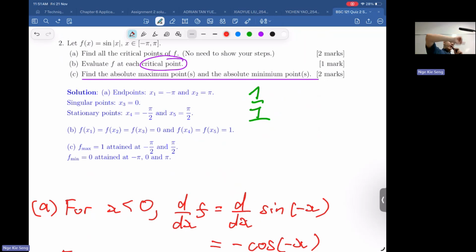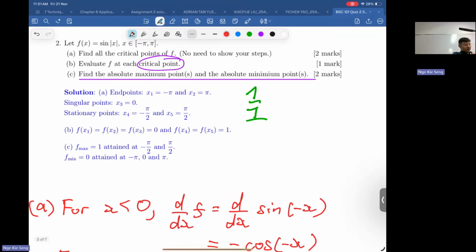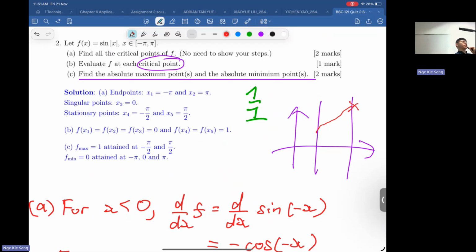Your graph might not have a local maximum or local minimum, but the highest point occurs at the boundary. Maybe you have a local maximum, but it's not your absolute maximum. The absolute maximum might occur at the boundary. So these stationary points are not necessarily the absolute extreme.